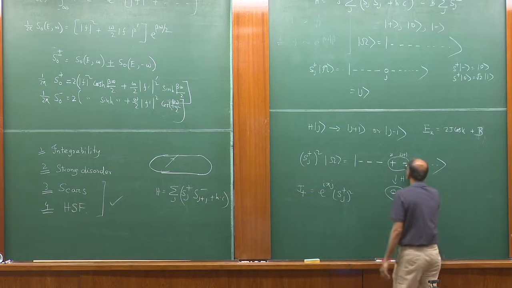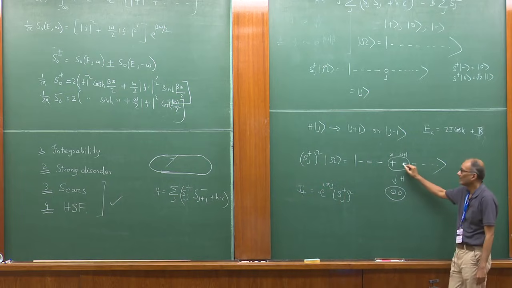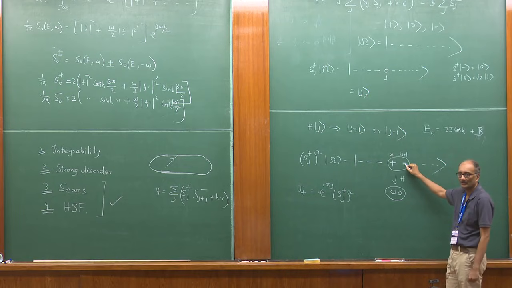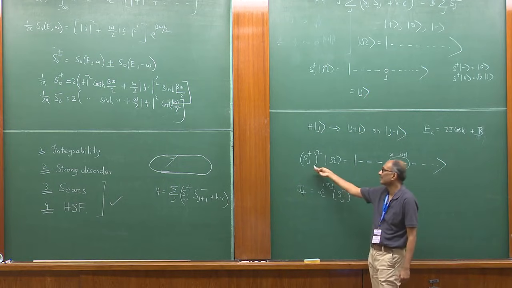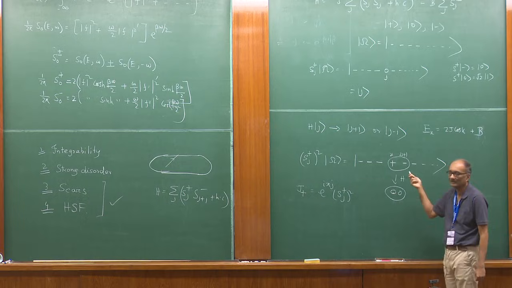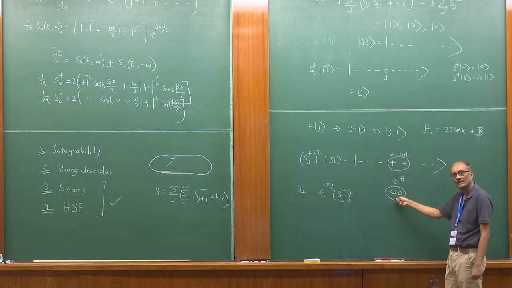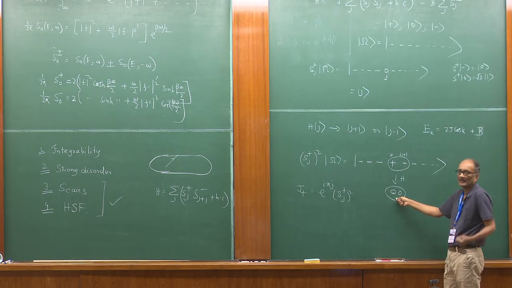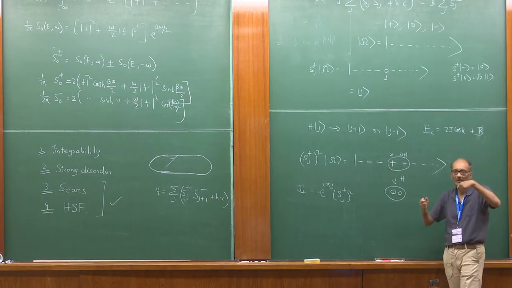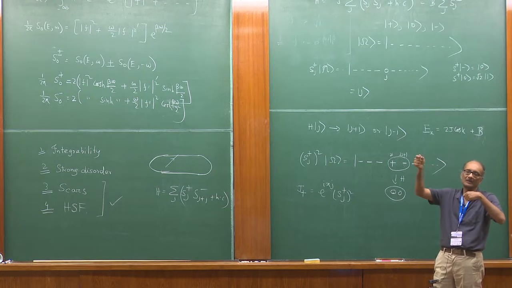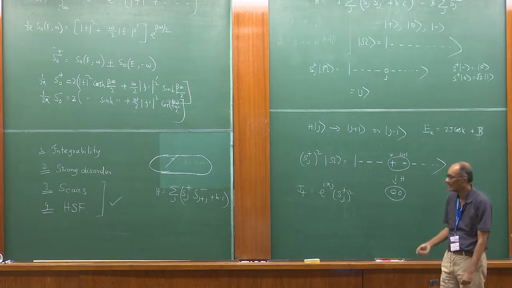But think of doing this the other way around. So it had a minus and a plus out here. Suppose I would have created my excitation on the 2j plus 1th site, then this is also going to give me a 0, 0. Nothing else can happen. I can lower the plus to 0 and raise the minus to 0. That's all.